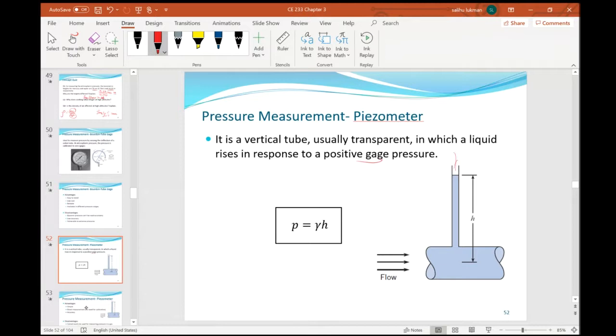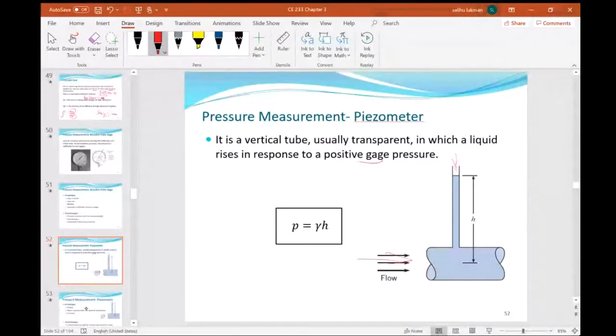Here at the top of the tube, you have atmospheric pressure acting. Here you have water, probably flowing in it, and this is the height. So to find the pressure in the pipe, all you need is the height to which it rises. Use the piezometric height and multiply by the unit weight to get the pressure acting in the pipeline at this point.